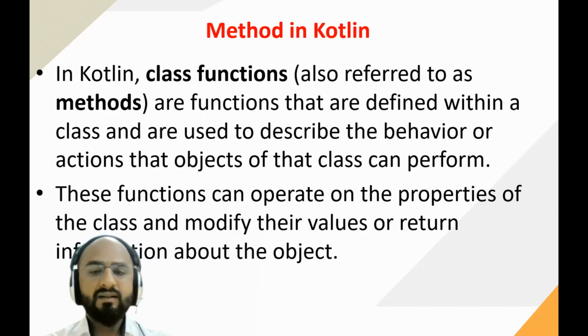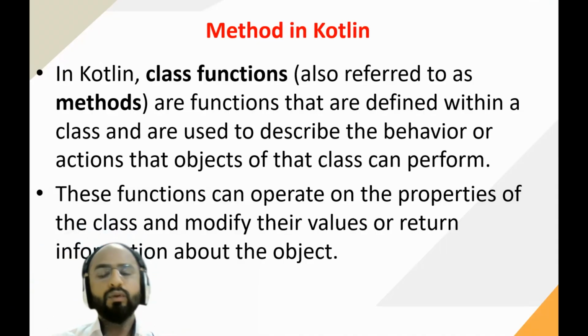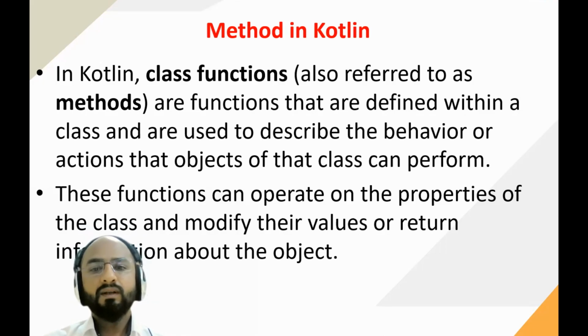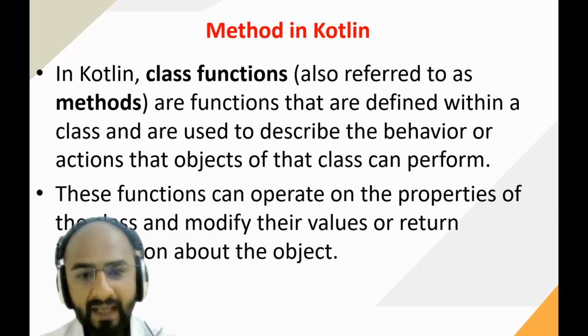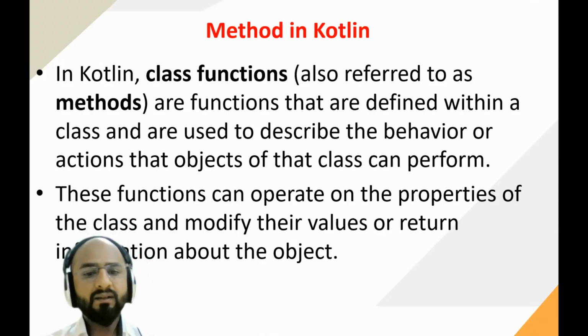So by using the object, you are calling a method, and this method is returning some value. So a method in Kotlin is used to define the functionality of that particular class, to modify the value of a property, and to return information about that object.